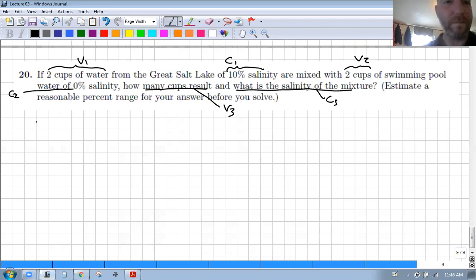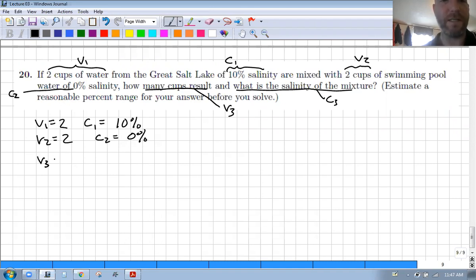So we have V1 here is 2 cups. C1 is 10%. V2 is 2 cups. C2 is 0%. So what's left? V3 and C3.